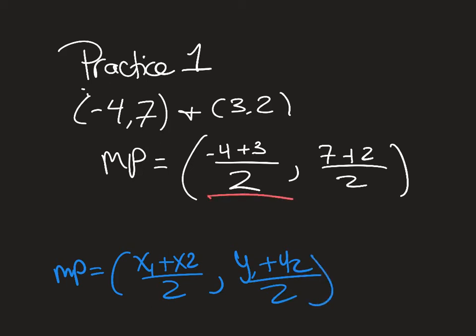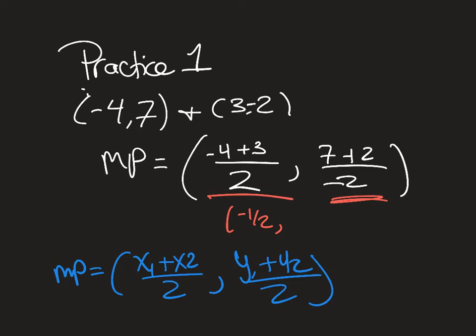So for this first piece, -4 plus 3 is -1. Oops, and I missed the negative sign. It's a -2 and a -2. Okay, so -4 plus 3 is -1 over 2, so this first piece is going to be -1/2, comma, for the next piece.